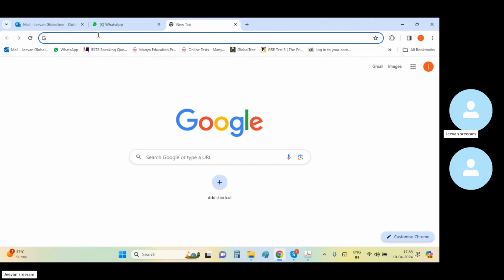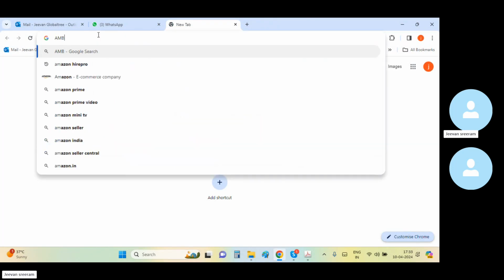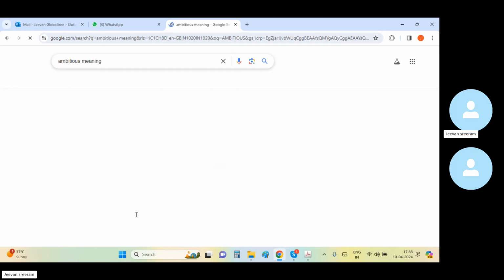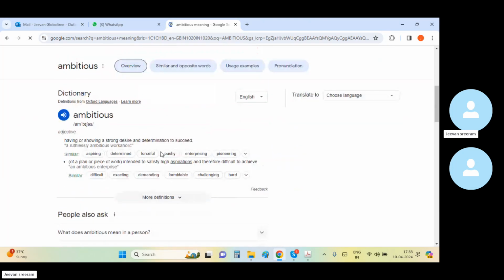Ambitious can also have a different sense. Let's see. Can we have any difficult sort of meaning? Showing a strong desire. Okay. Determination to succeed. Difficult.